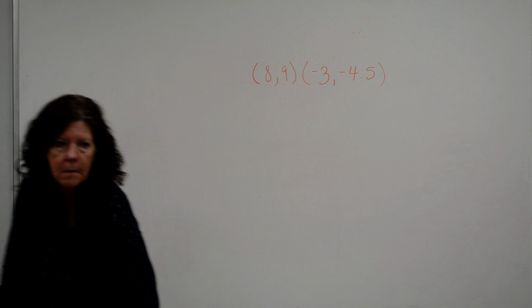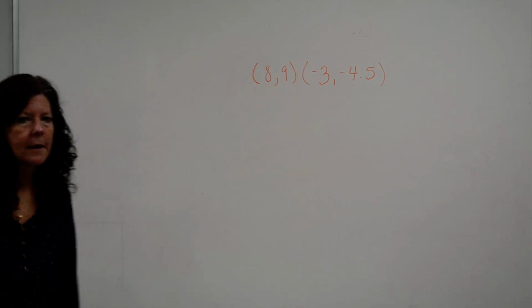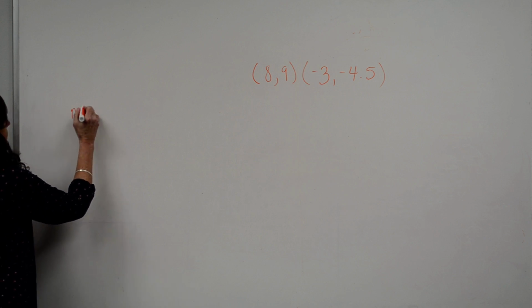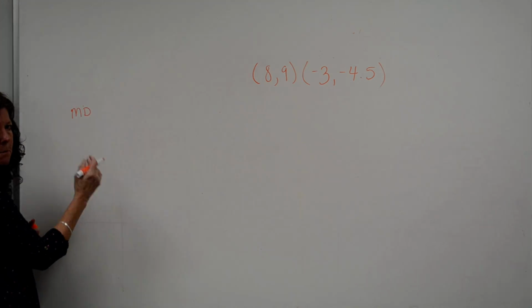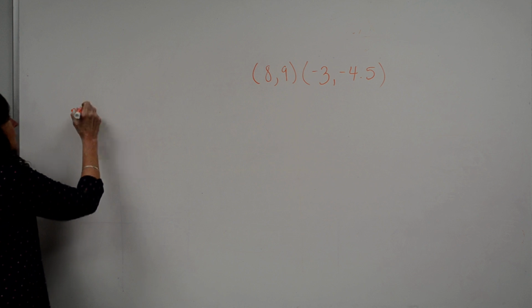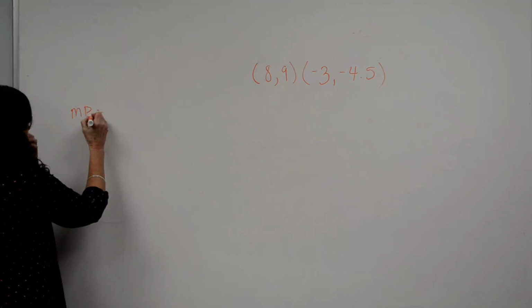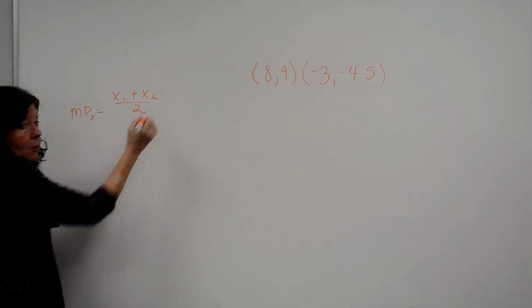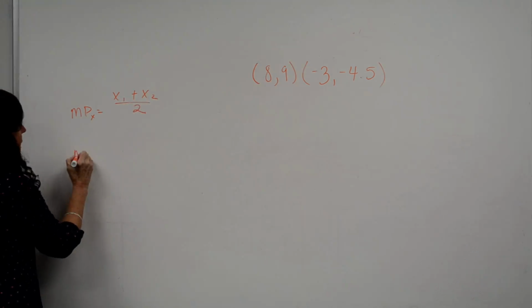Get it? Don't make it too complicated. Trying to remember the equation. Oh, okay. I'm just going to do NP, not ND, NP. So midpoint x is x of 1 plus x of 2 over 2. Now remember, it's finding the average. That's really all it is.